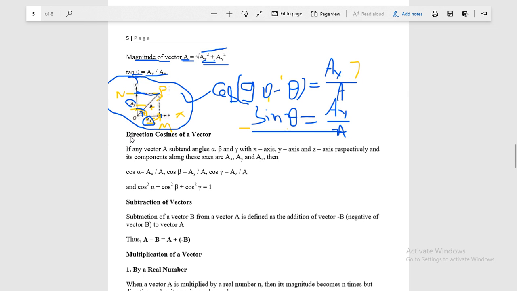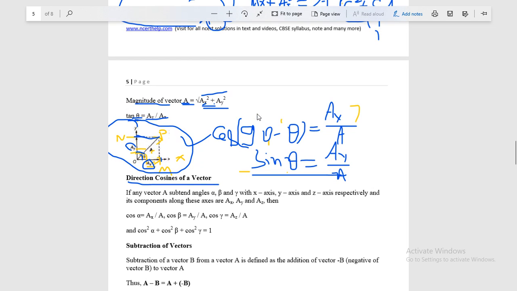Okay, before starting direction cosine, let me tell you how to write the vector in component form. So students, if I is the unit vector along the x-axis, then you can write the vector ax.